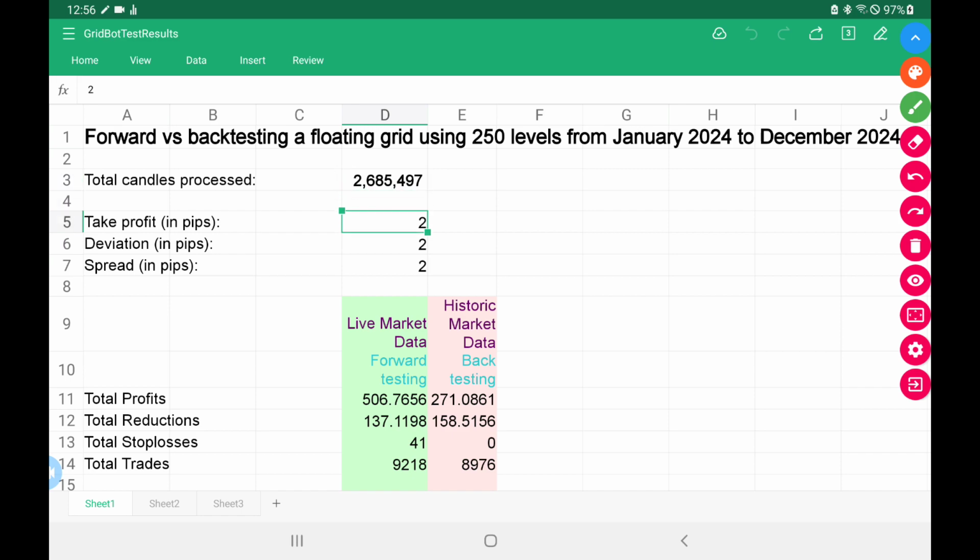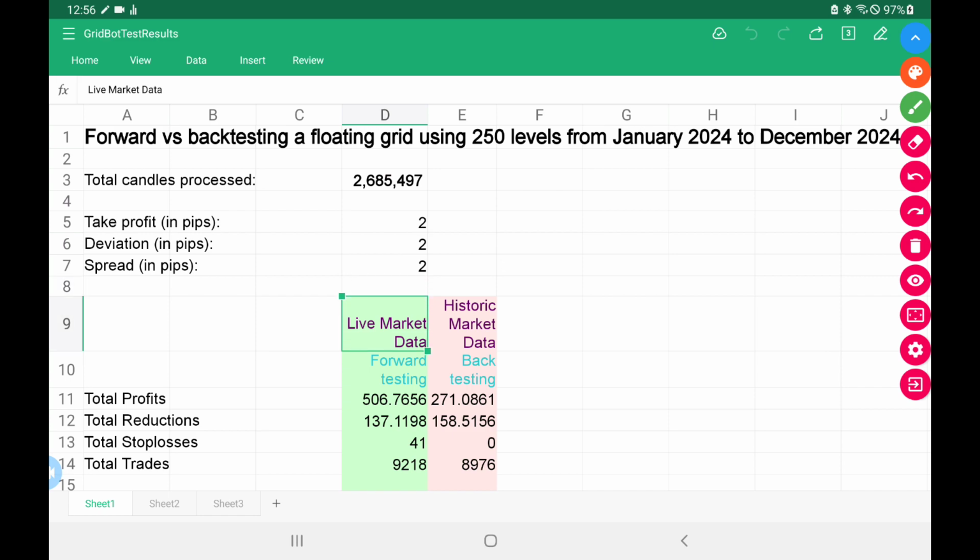As mentioned, we're dealing with 250 levels for the grid, with the take profit, deviation, and spread all at 2 pips to keep consistency within both bots for an apples to apples comparison.